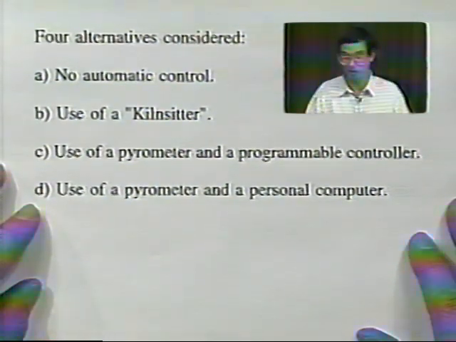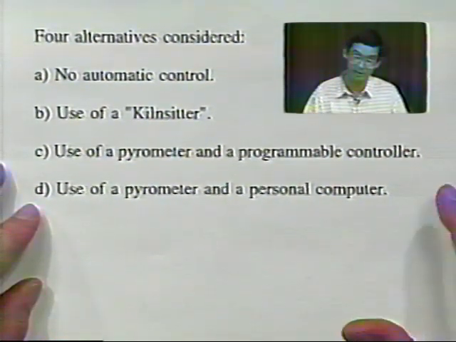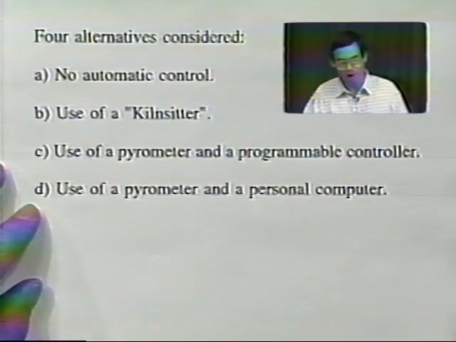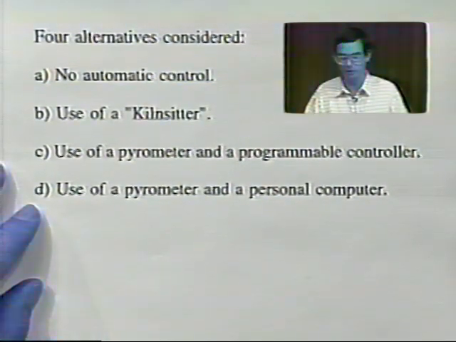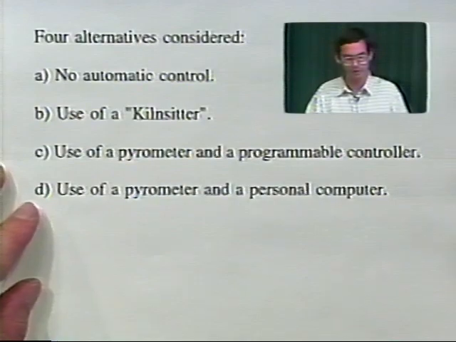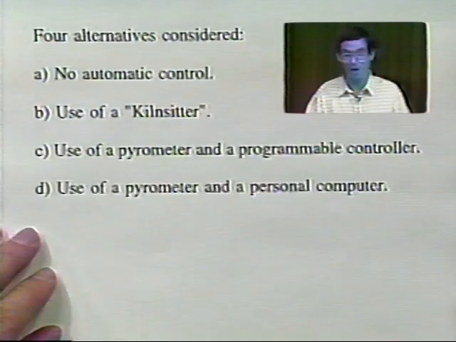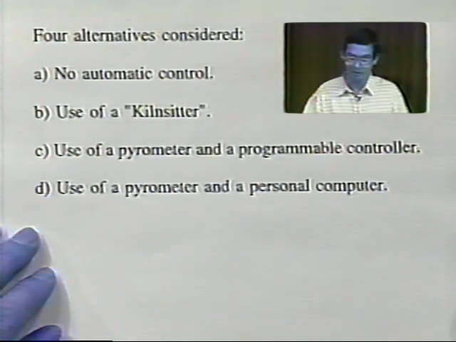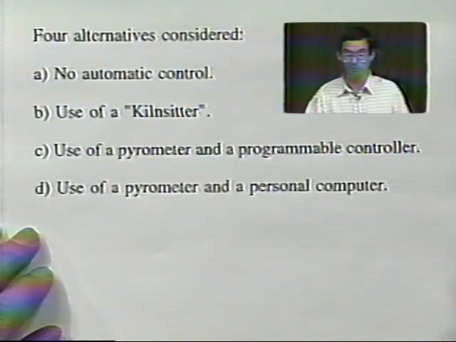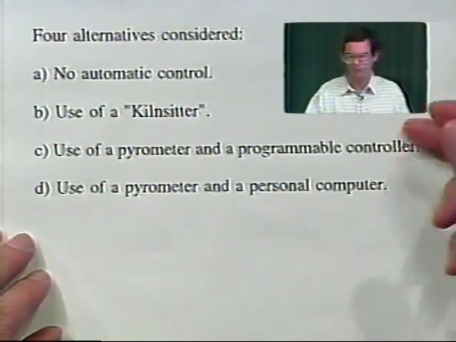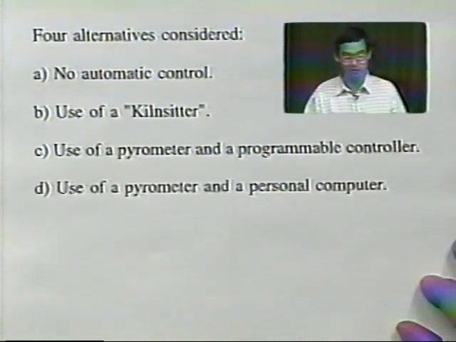And a personal computer could be used at that time for controlling the kilns as well as for office tasks such as accounting and word processing. Now, in fact, these last two alternatives were several different possibilities depending on what kind of programmable controller and kind of personal computer were used. But for this example, I've compressed those several possibilities into two.